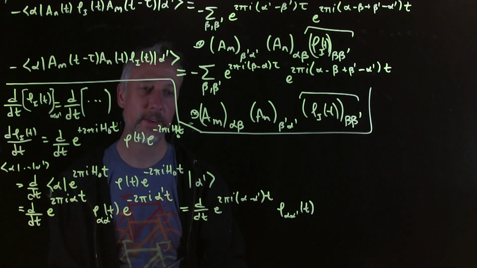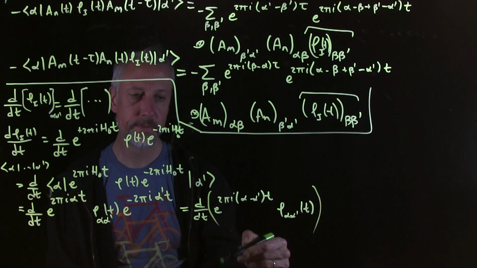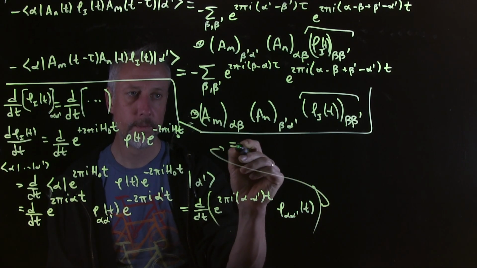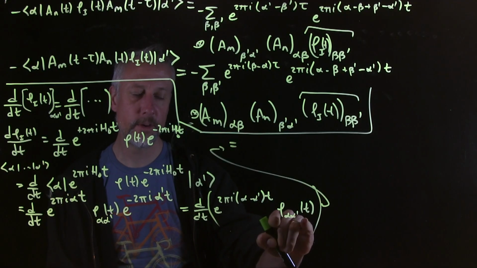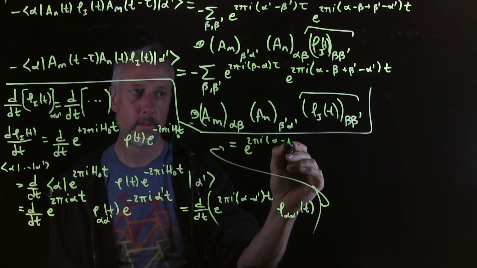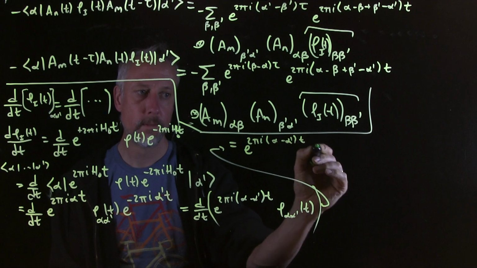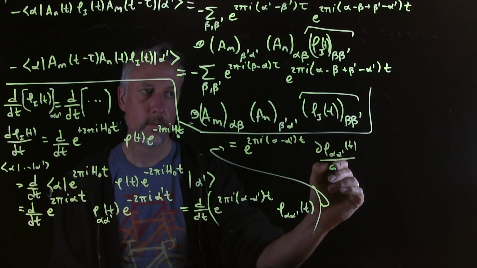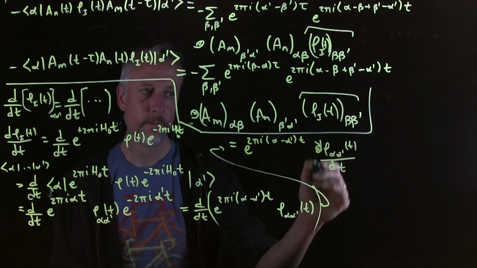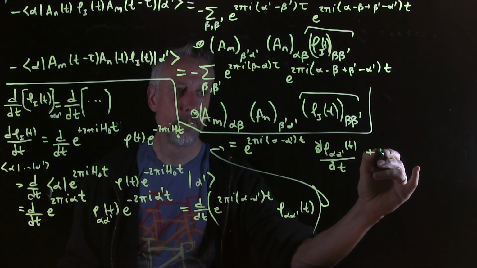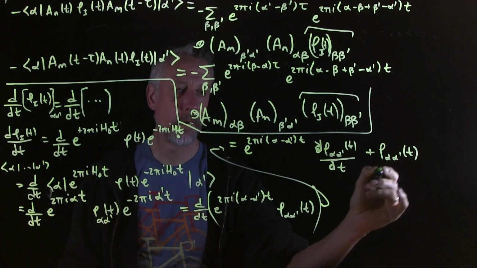So now we have to do the math, right? This is a derivative of two terms, and we know how to do that. So we'll have the first times the derivative of the second, plus the second times the derivative of the first. So we'll have the easy part.